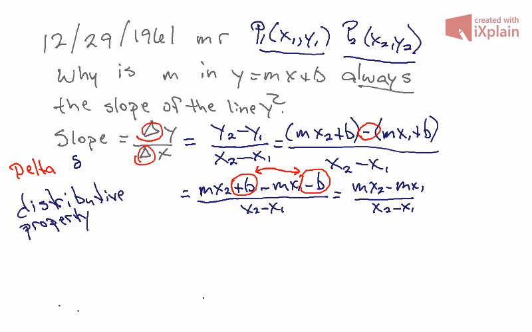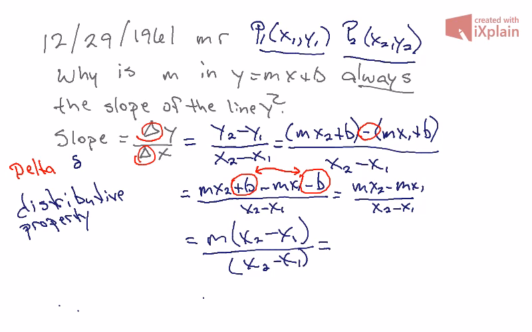If you don't remember the distributive property, please go look it up. I don't want to tell you everything. I do want you to do some work on your own. But essentially what I do is I factor out the m in each term, and I get m times x2 minus x1, and maybe you can see now how that is the distributive property. I'm going to go ahead and put the denominator in parentheses as well.